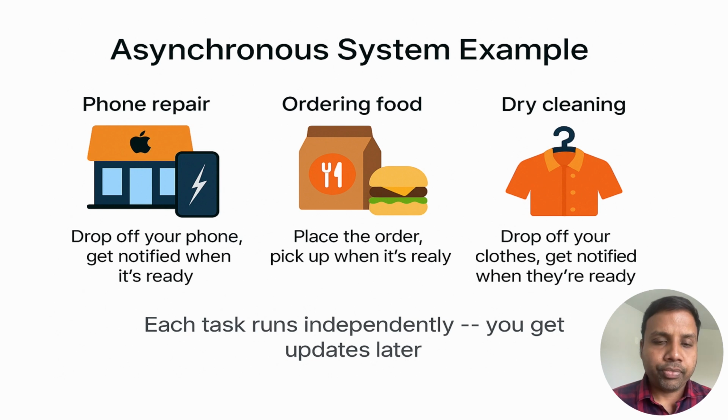So this is an example of how an asynchronous system works in the real world. Consider you need to drop your iPhone for a repair. You go there, make an appointment, and give it to them. Mostly you don't wait, you wait for a call back or an app notification that it is done, and during that time you move on and do your next thing, maybe order a food.